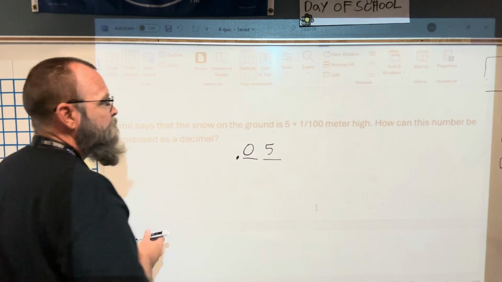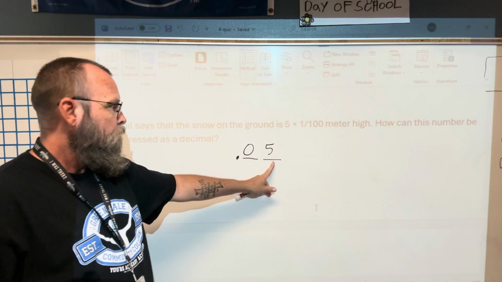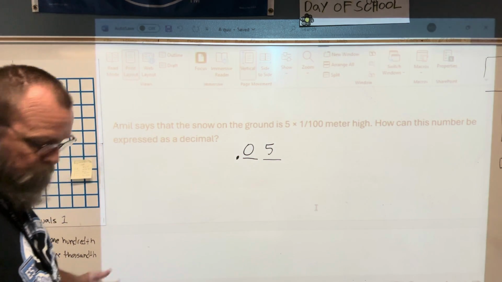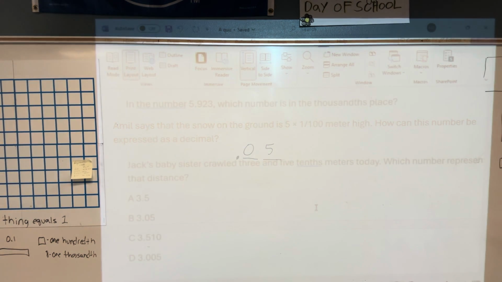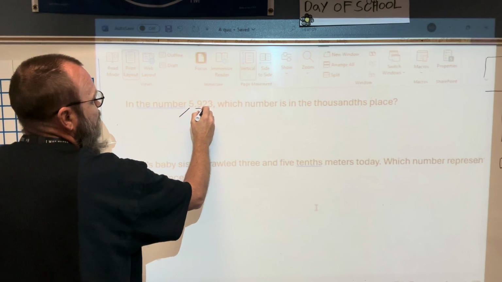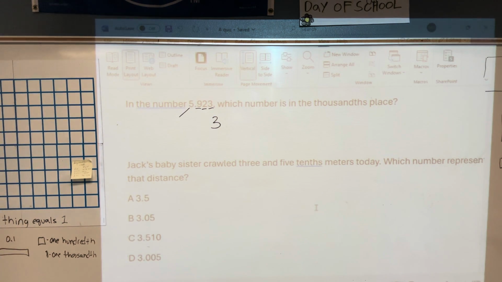So I'm going to have 5 hundredths, because 5 times 1/100 would be 5 hundredths of a meter high. In the number 5 and 923 thousandths, which number is in the thousandths place? Well, I have my ones, my tenths, my hundredths, my thousandths. So 3 is in the thousandths place.